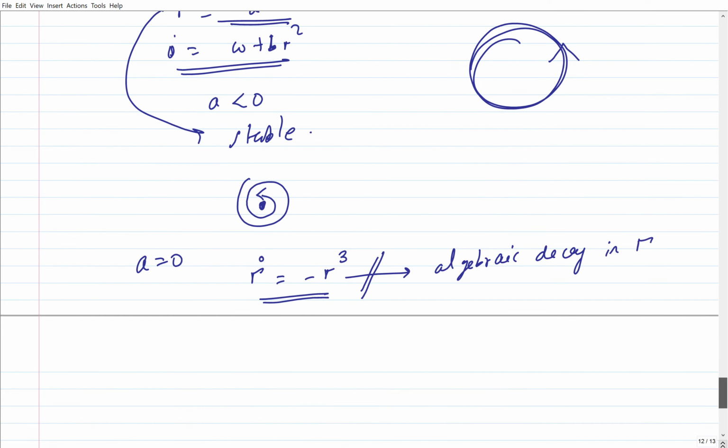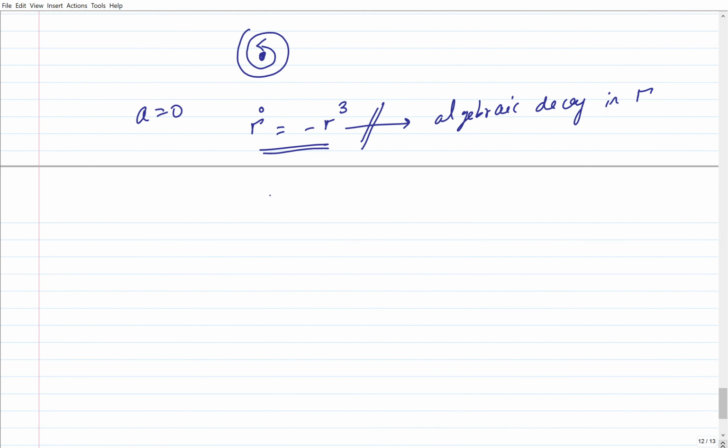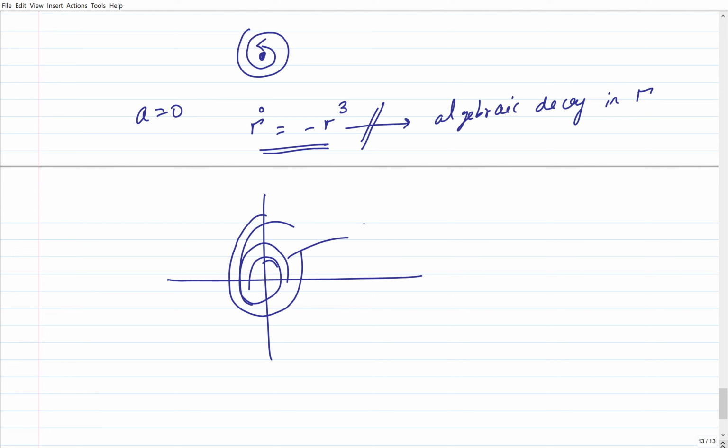So it's still a very slowly decaying limit cycle. It's a blob which goes very, very slowly towards the center. It's still a slowly decaying spiral, and that can be seen from this equation. It's still declining because of the negative sign.